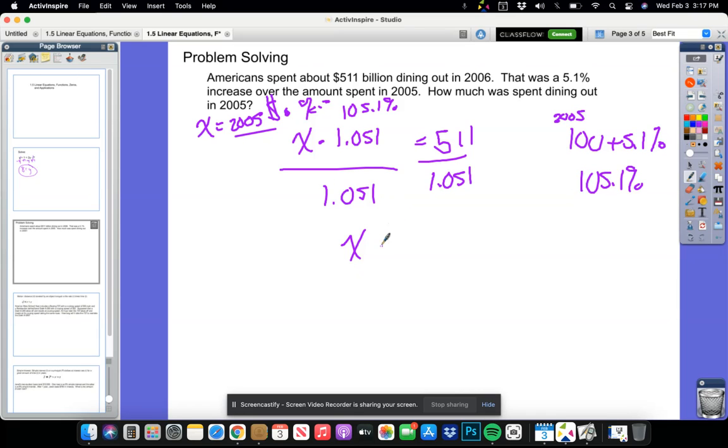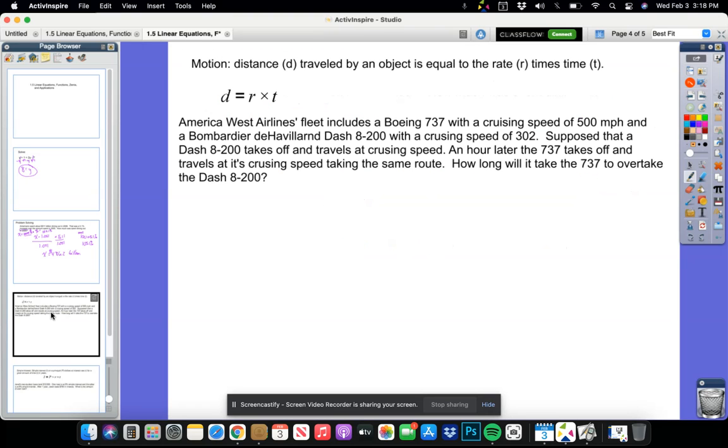You get a total of $486.2 billion. So understand, when you have an increase or a decrease from a previous amount, you're either over 100 or under 100 by how much the increase or decrease is, instead of trying to find 5.1% of some number that we don't know.